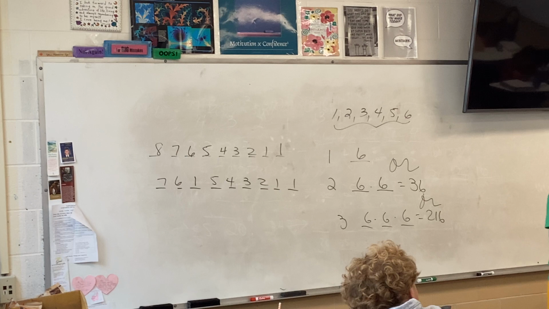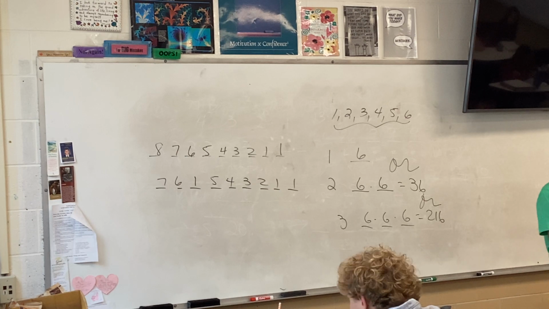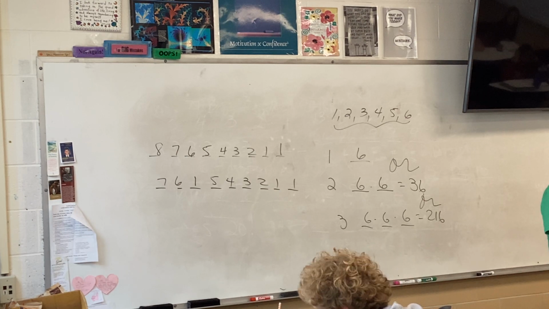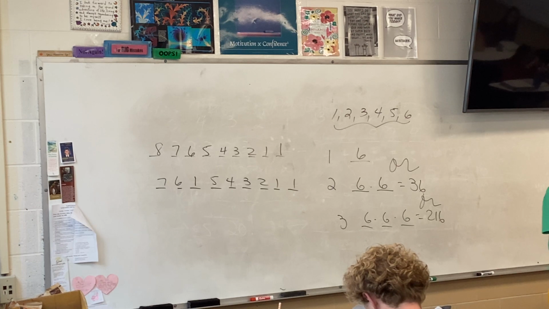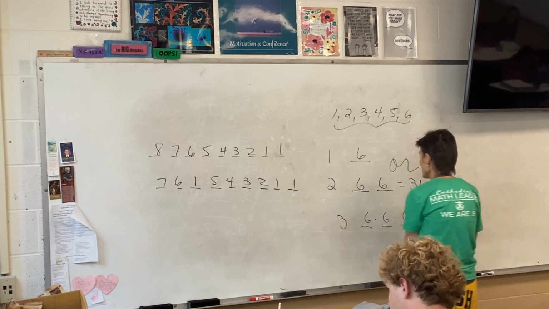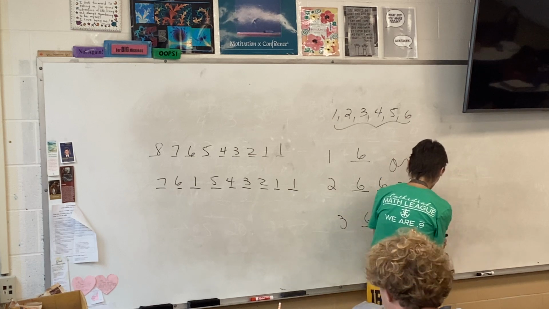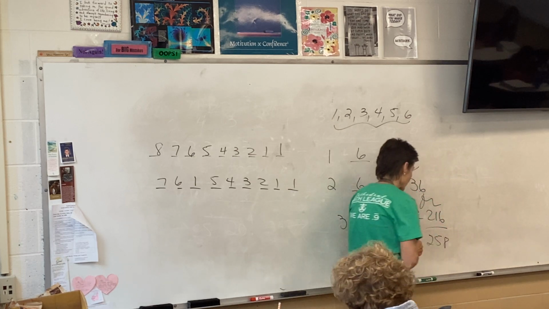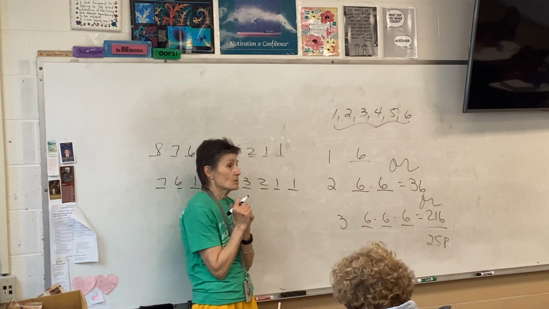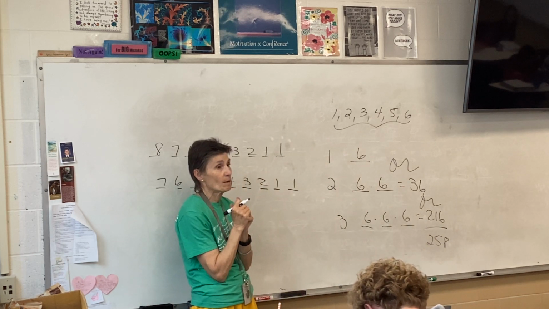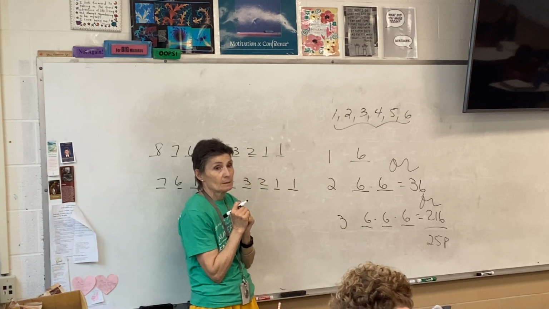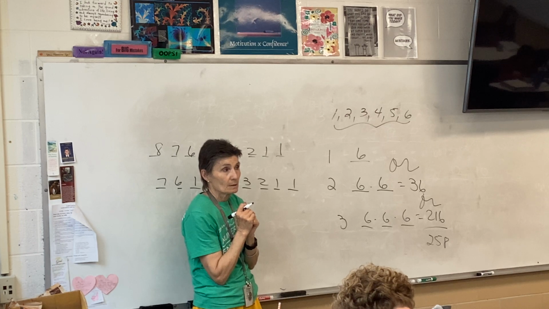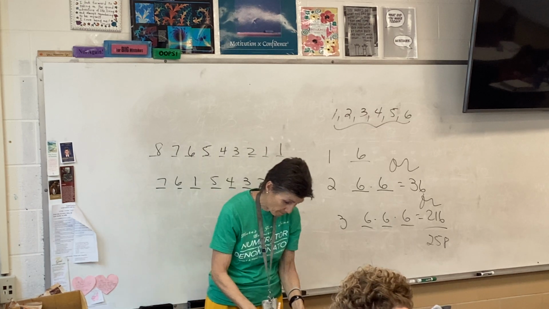When you put the word or into the problem, it becomes addition. The word and is multiply. But when you put the word or in there, it becomes addition. So the answer is whatever these added up are. 258. So there are 258 numbers that I can make from this pool that are 1 digit, 2 digit, or 3 digit.